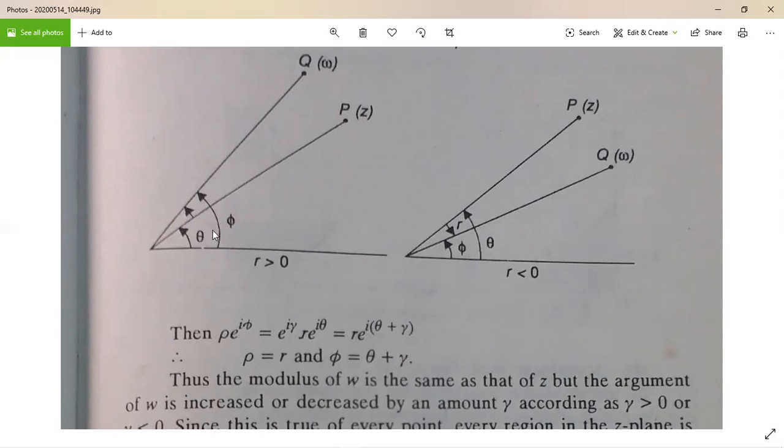Then phi equals theta plus gamma. Therefore, rho equals r and phi equals theta plus gamma.